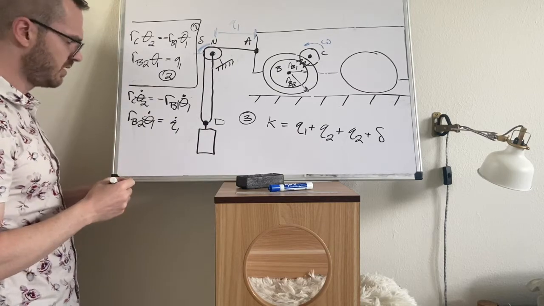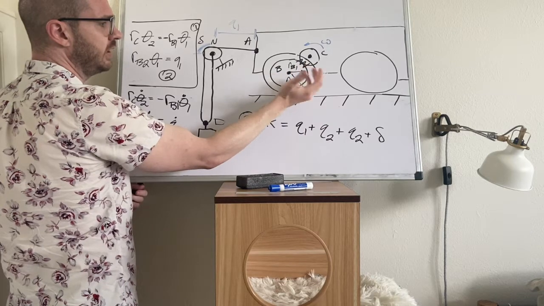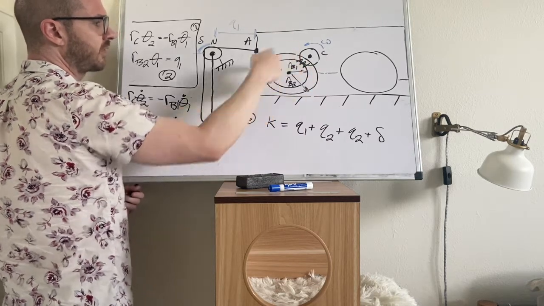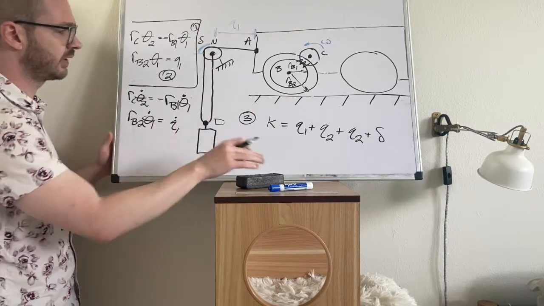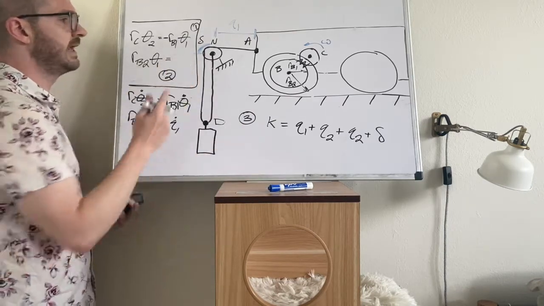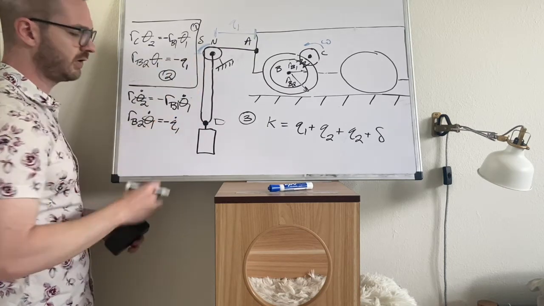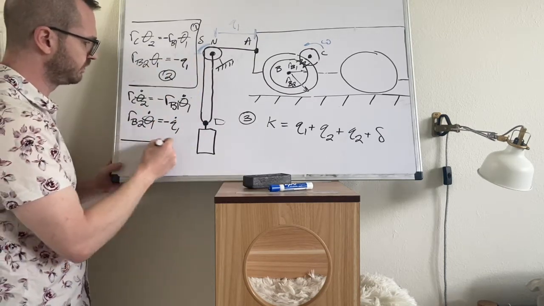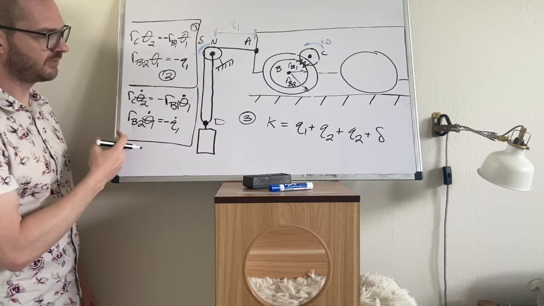Let's check it now. When on B frame, when theta 1 is positive, that means that the cart is actually rolling to the left. We saw this when we first derived this constraint. So let's add a negative to this. So negative Q1 dot. There we go. So here's our constraints. Here's our derivatives of our constraints.